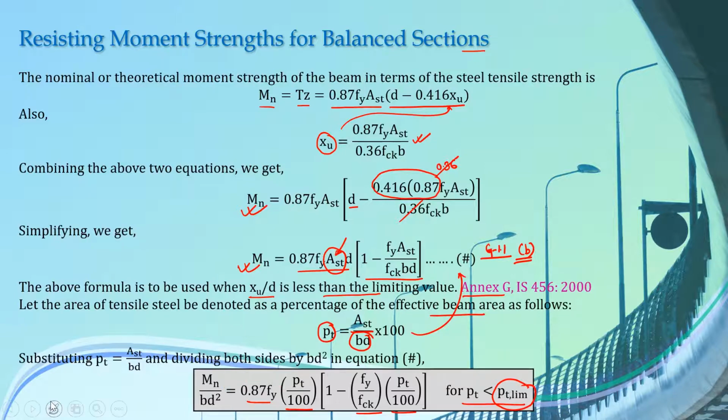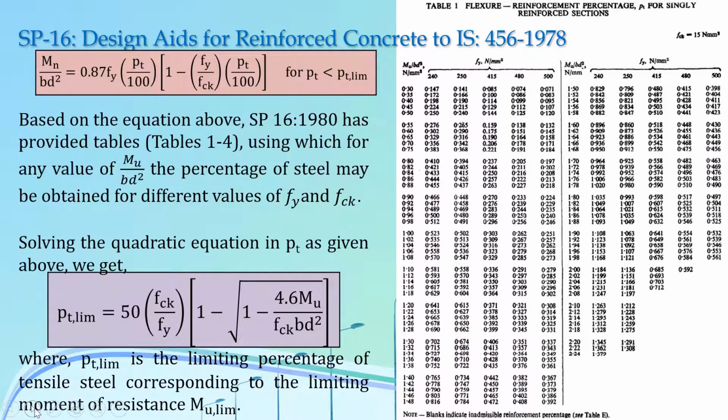I have written this formula in the next slide also. Let's see here. So now we got an equation not in terms of Ast but in terms of pt. By using this above equation, different tables have been derived, and these tables you can find in SP 16.